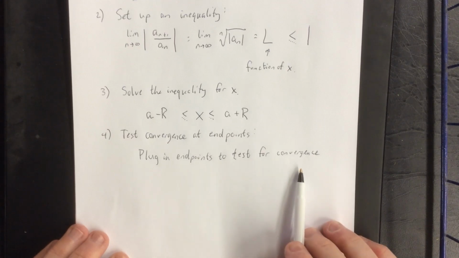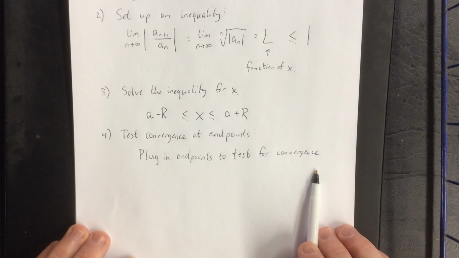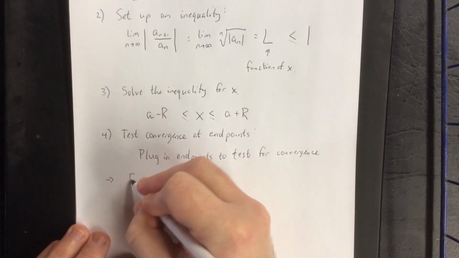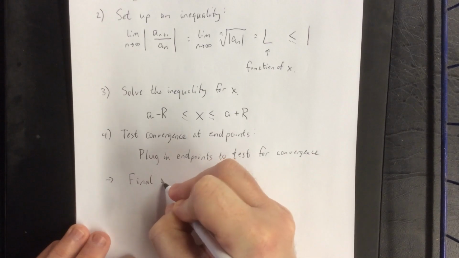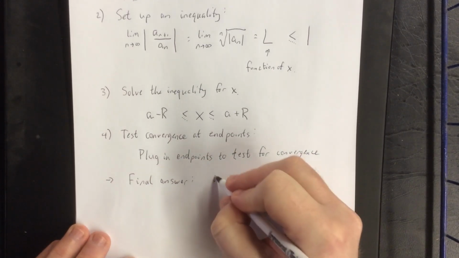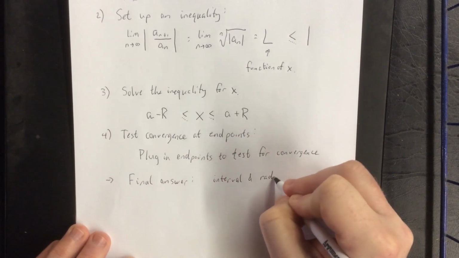And by test for convergence, I mean apply all of the tests that we've done thus far, the alternating series test, the integral test, the direct comparison test, the limit comparison test, one of those tests to see if it converges. After you've done that, your final answer will be an interval and a radius.